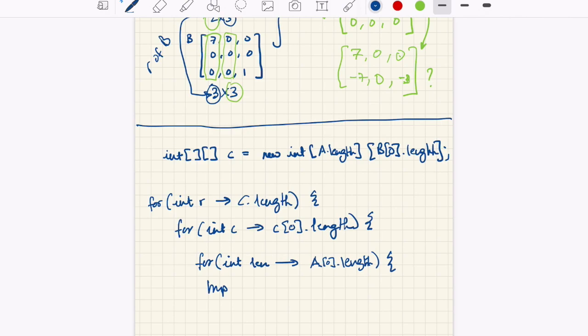Temp sum. Oh, by the way, just do that as well. C of RC equals, actually, we'll do plus equals to A of.